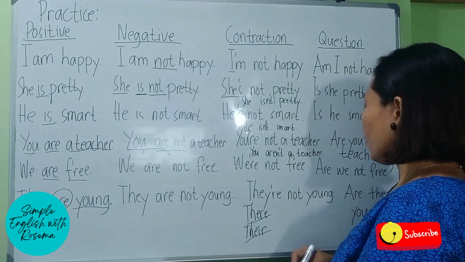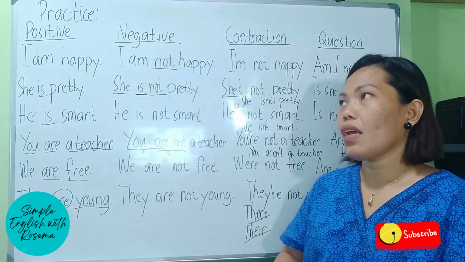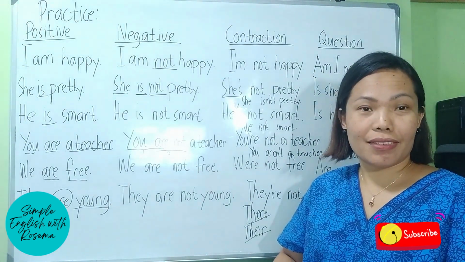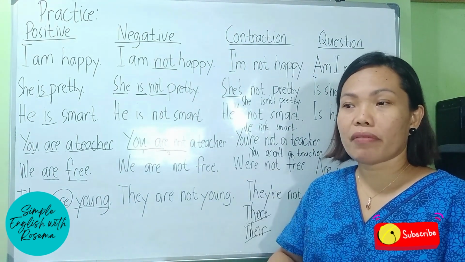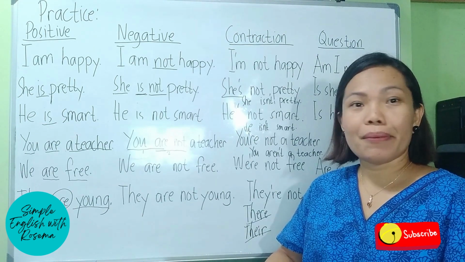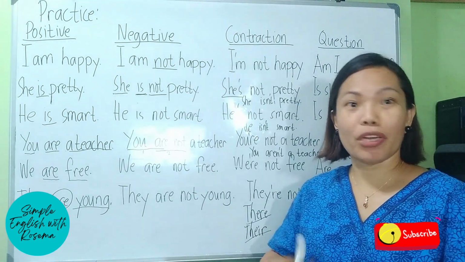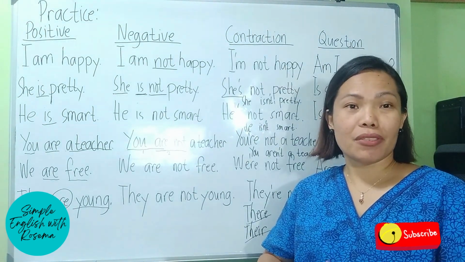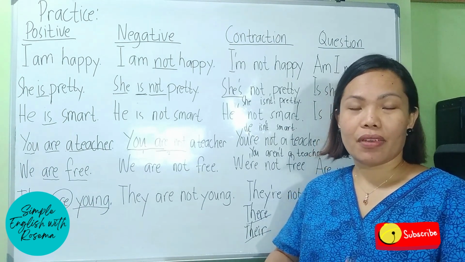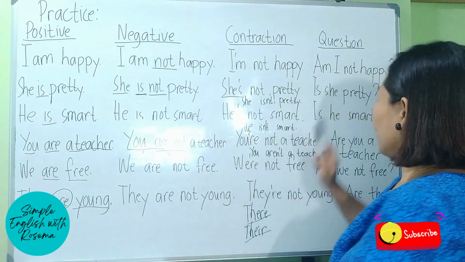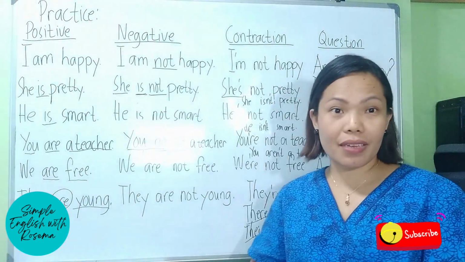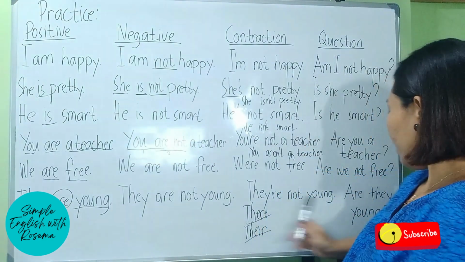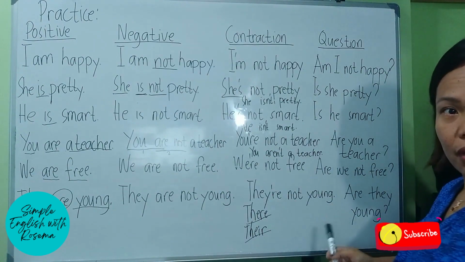So, madalas magkamali ako ng ganyan. Admittedly, yes. Especially when I'm writing fast. But whenever I see my error, kinakorek ko naman. We are bound to make mistakes. So, that's okay. Okay? Now, for the question naman is, are they young? Or are they not young? Okay? So, I hope you can see it.